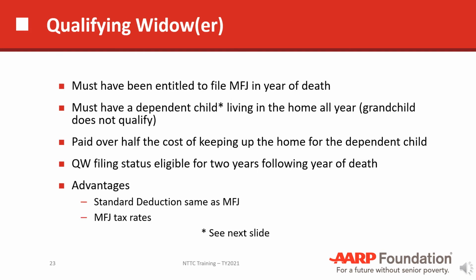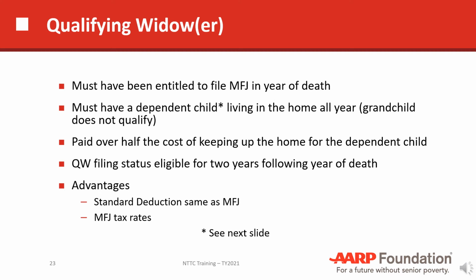The last filing status is qualifying widow or widower. It starts by making sure that the couple was entitled to claim married filing jointly in the year of death. So if they were unable to file married filing jointly in the year of the death, then they would not be able to use this qualifying widow or widower filing status.